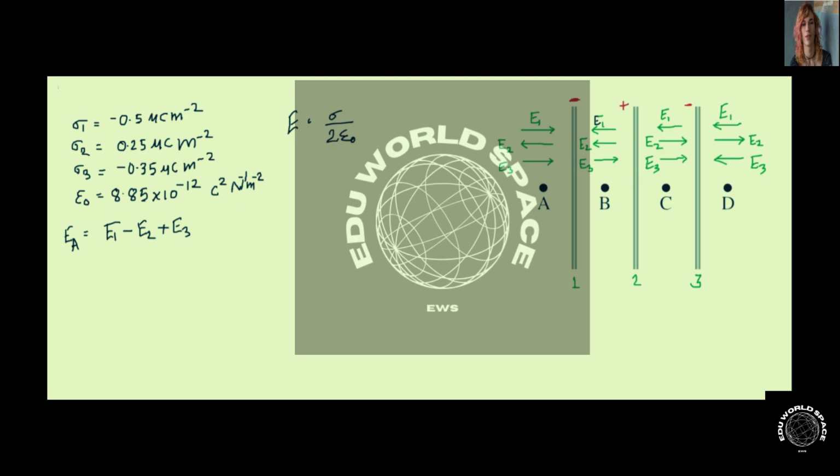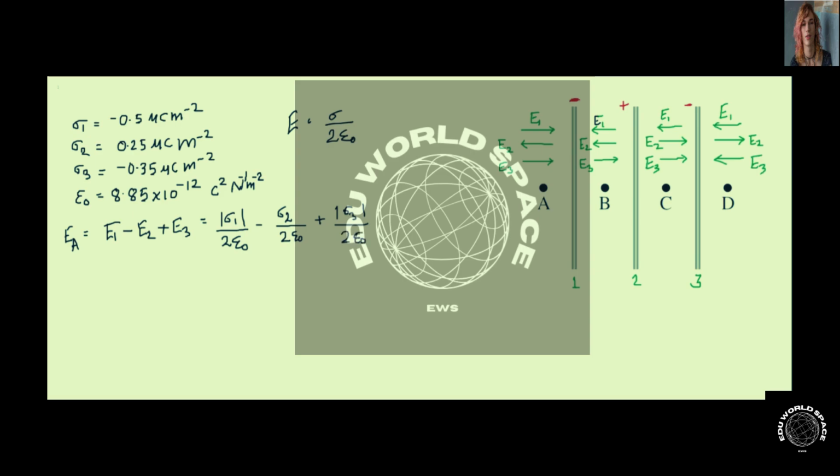So to calculate the first one, plug this as sigma 1, just the magnitude, okay? Sigma 1 upon twice epsilon naught minus, we don't need magnitude here because sigma 2 is already positive, so sigma 2 upon twice epsilon naught plus, now we need magnitude here, sigma 3 upon twice epsilon naught.